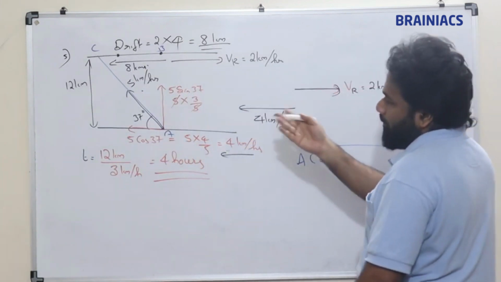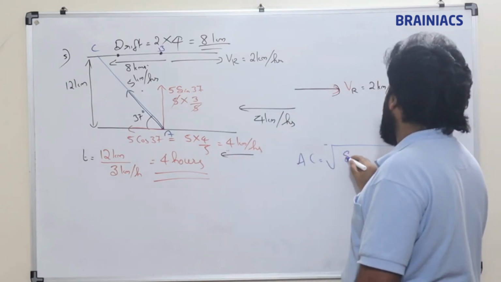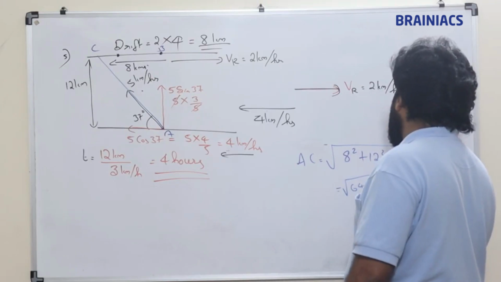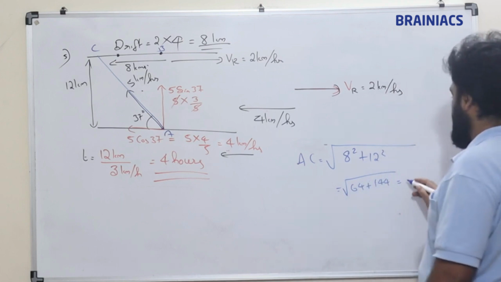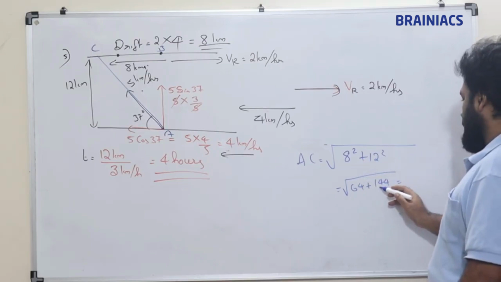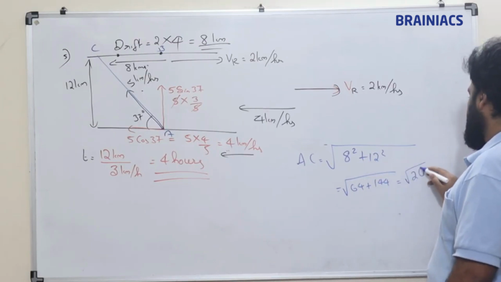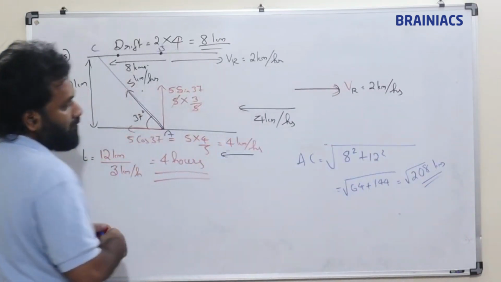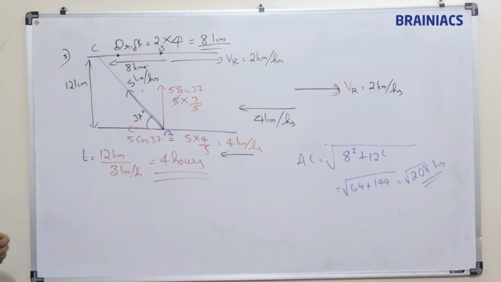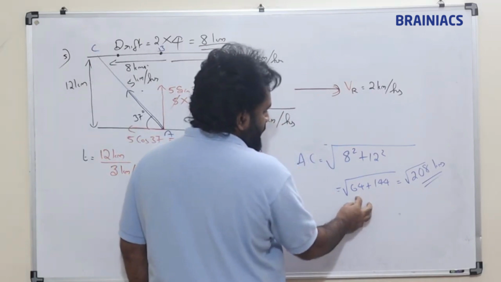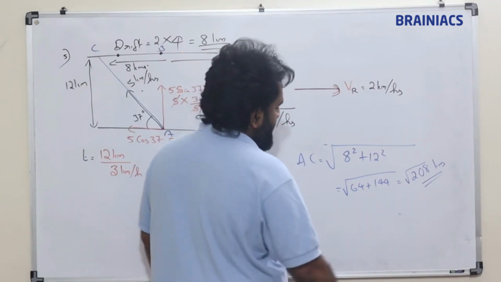Take the vector resultant of the two vectors: 8 square plus 12 square, this is 64 plus 144, so 208, root 208 kilometers. Clear?